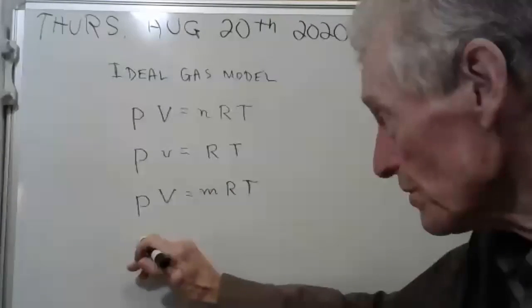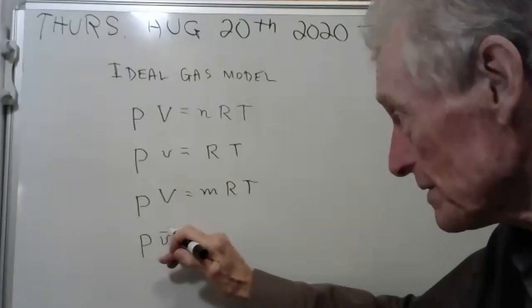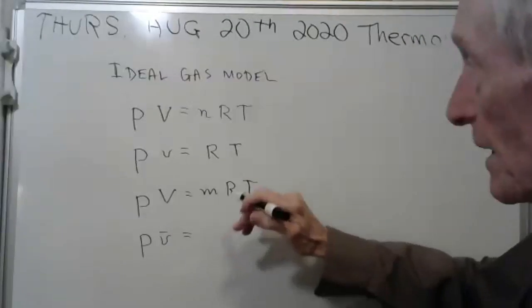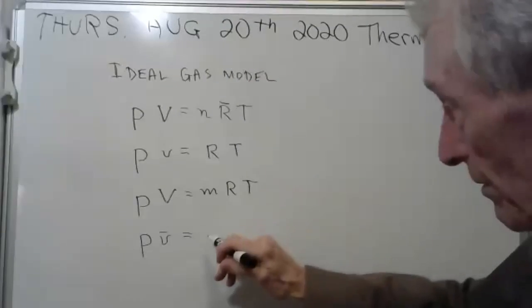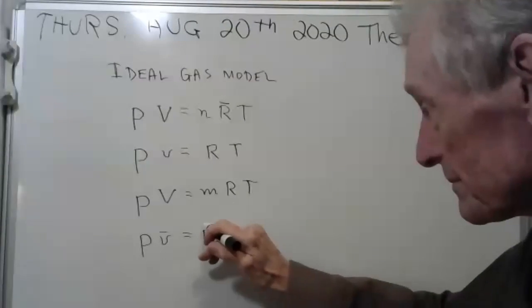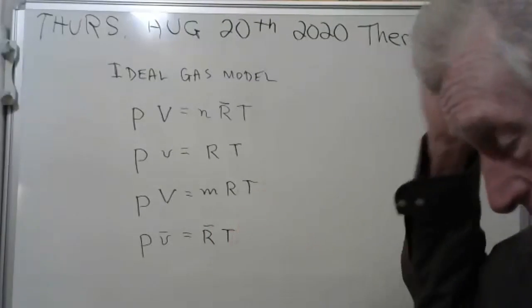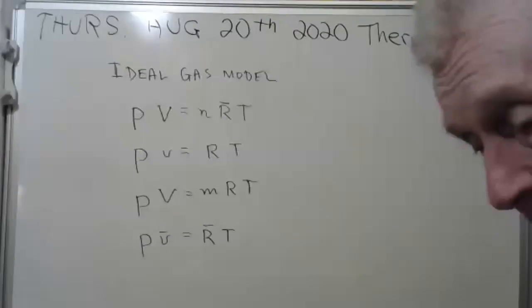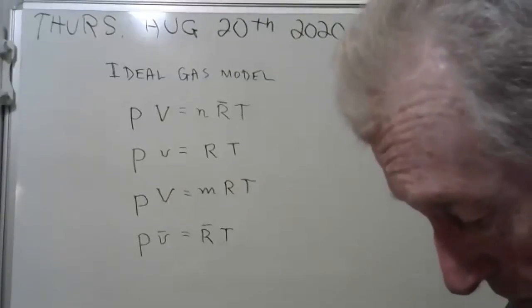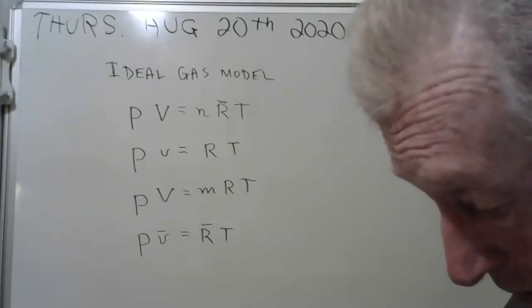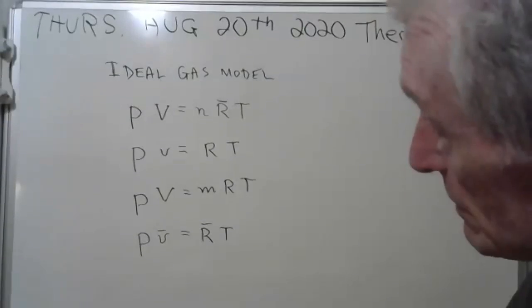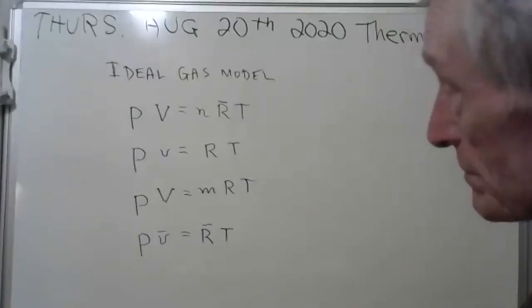And finally, there's one that goes like this. That's wrong, guys. Correct that. Put a line over that R. Okay, those are the 4 different versions of the ideal gas law. Some of you maybe thought there was just one, but there's 4.